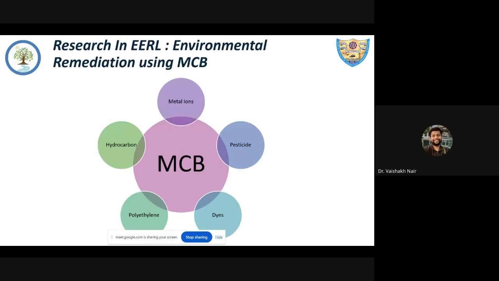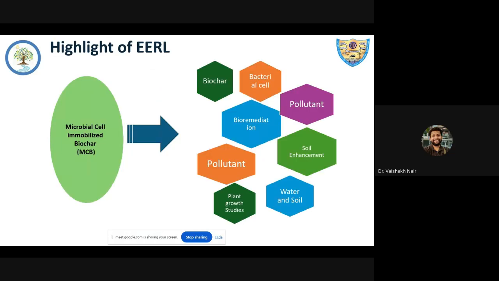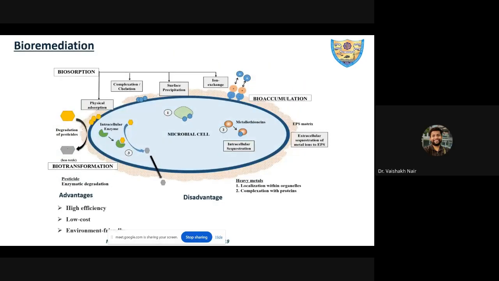Then we have studied environmental remediation on pesticides, metal ions, hydrocarbons, polyethylene, and dyes. These are the different topics related to the microbial cell immobilized biochar. And as I stated, one of the key reasons we did immobilization of bacteria is to do remediation studies, that is, removal of pollutants.